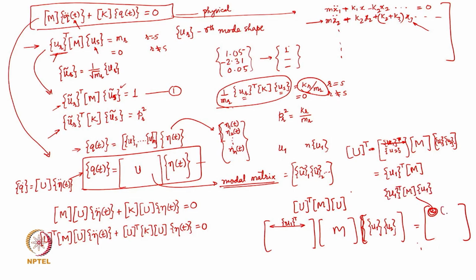This off diagonal element is going to be U1 transpose M into U2. This second diagonal element is going to be U2 transpose M into U2. What is this value?